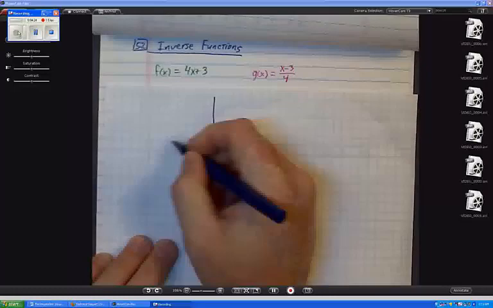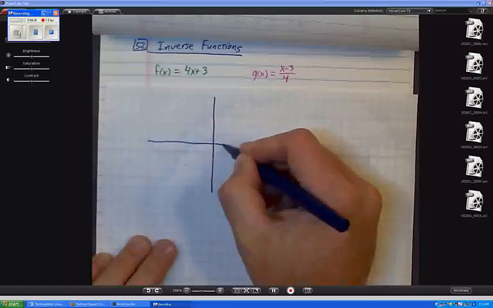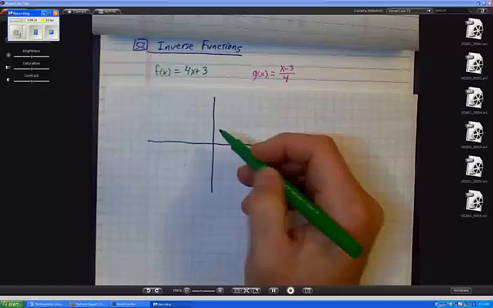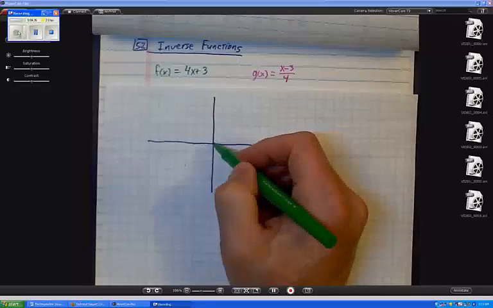So if I want to graph the green function, f of x, where should I start? What's f of 0? Yep, and what's the intercept? 3, right?